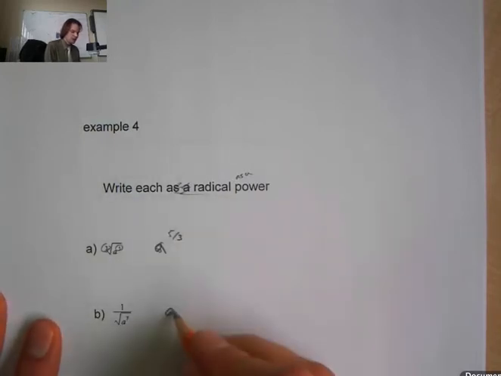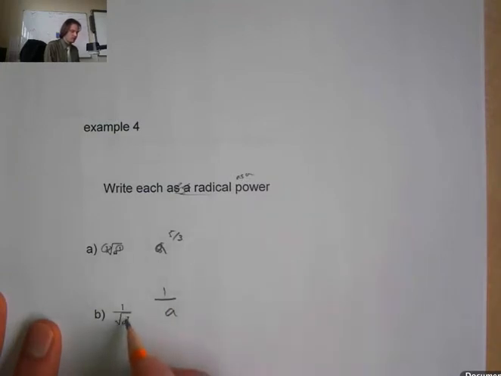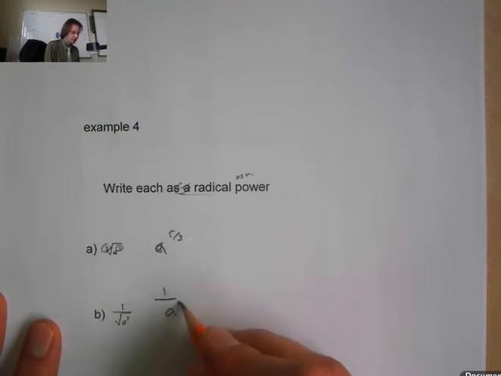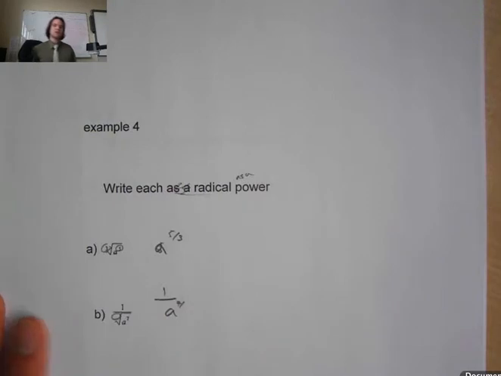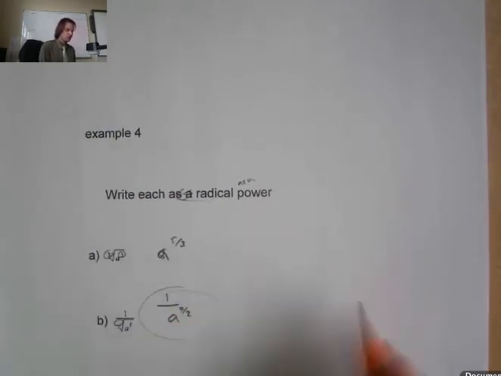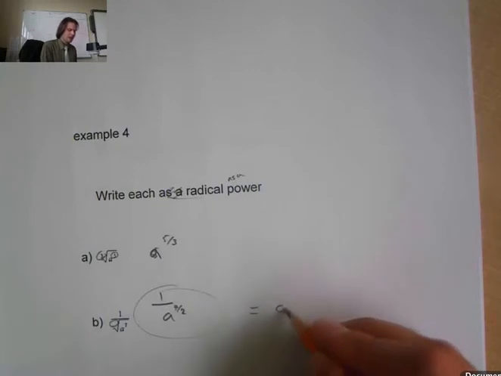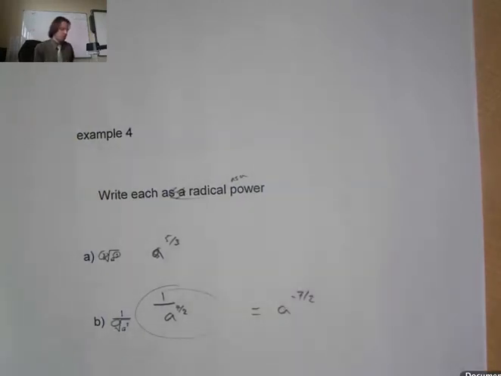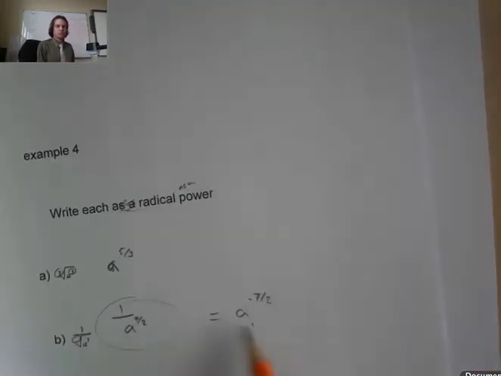Next one is a to the 1 over a to the 7 divided by, there's nothing there. If there's nothing there, we have to pretend there's a 2. Now, I look at this, this is also the same as a to the negative 7 over 2, because we could flip it, right? So it's not in fraction form. Both of these would be correct.